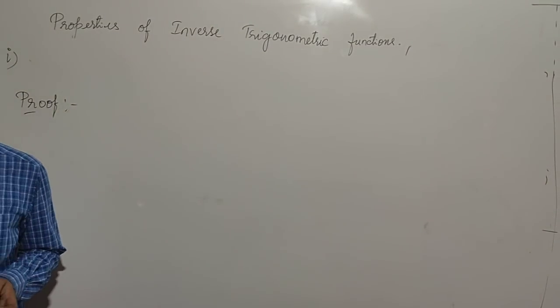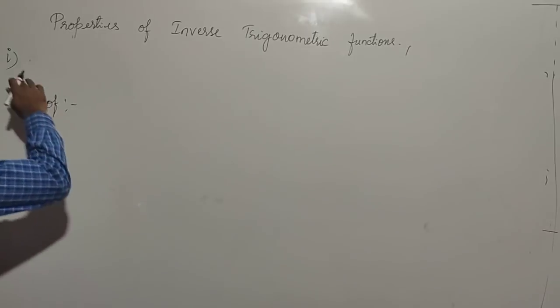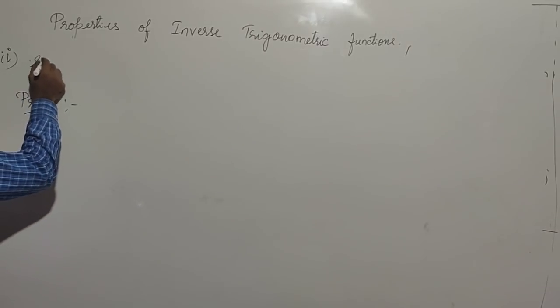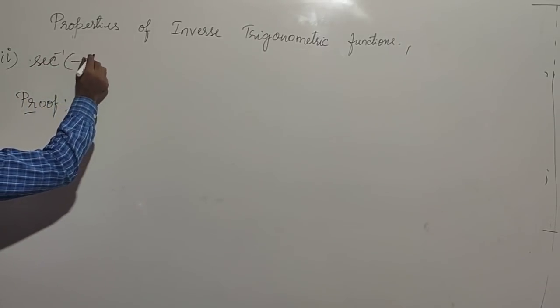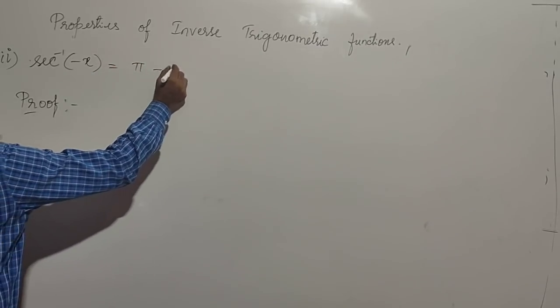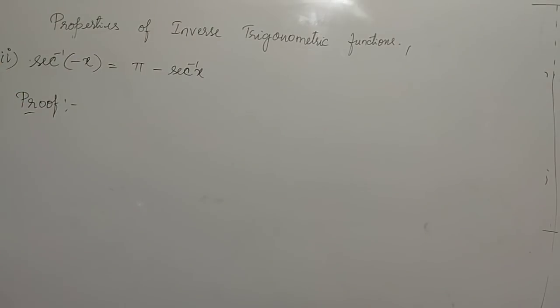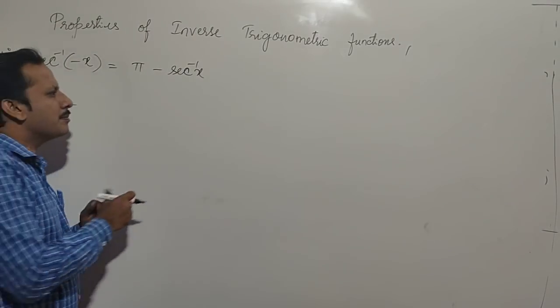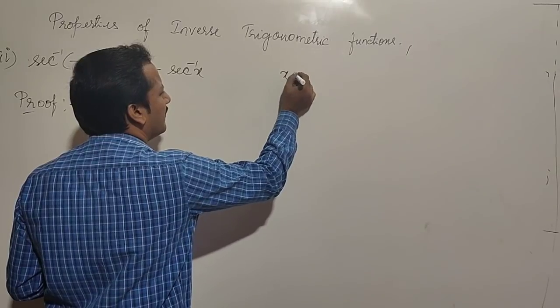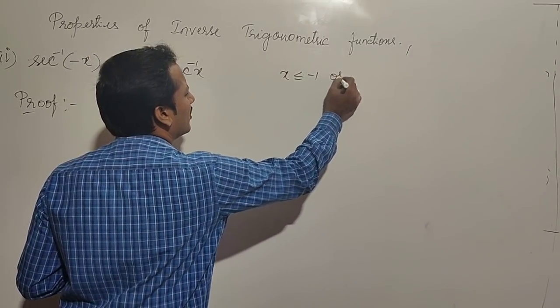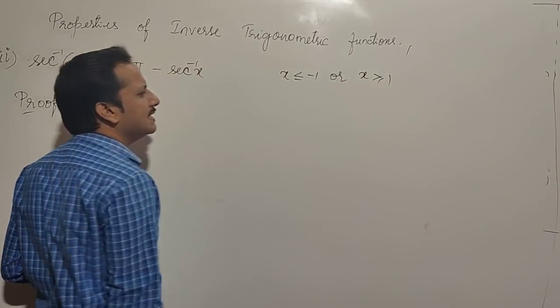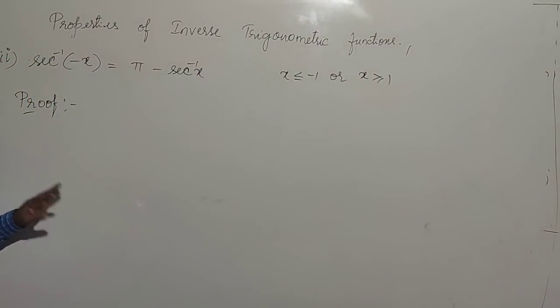The next property is secant inverse of minus x. Secant inverse of minus x is equal to pi minus secant inverse x, when x is less than or equal to minus 1 or when x is greater than or equal to 1.